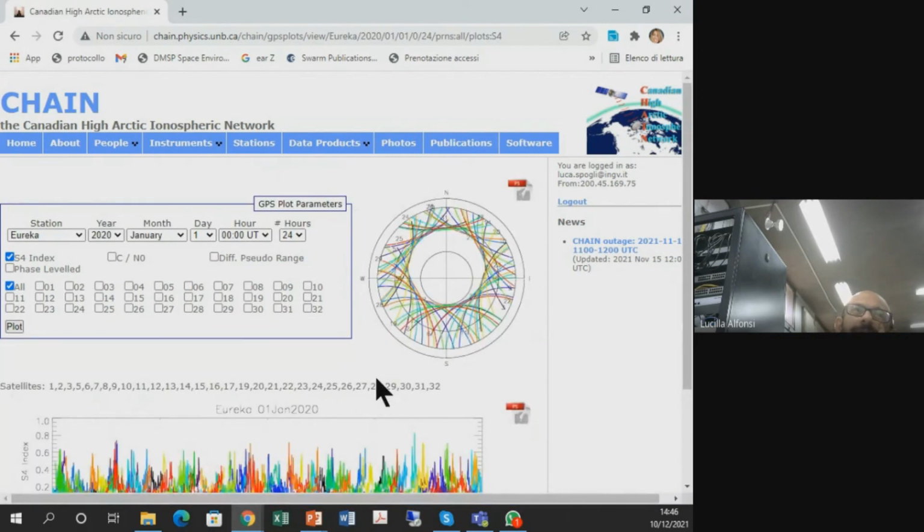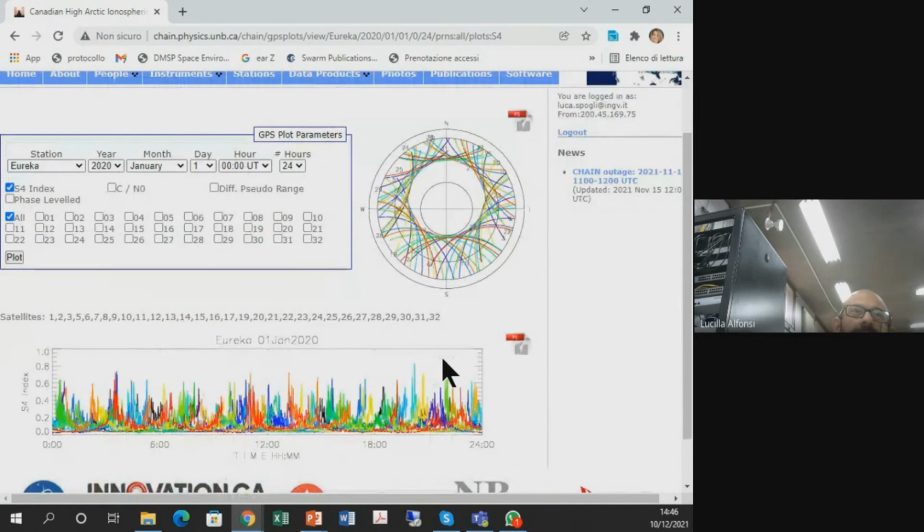Almost there. Got it. So here you have the plots of the S4 index with respect to time, with a different color for each satellite in view. And here is a polar representation of the same data.